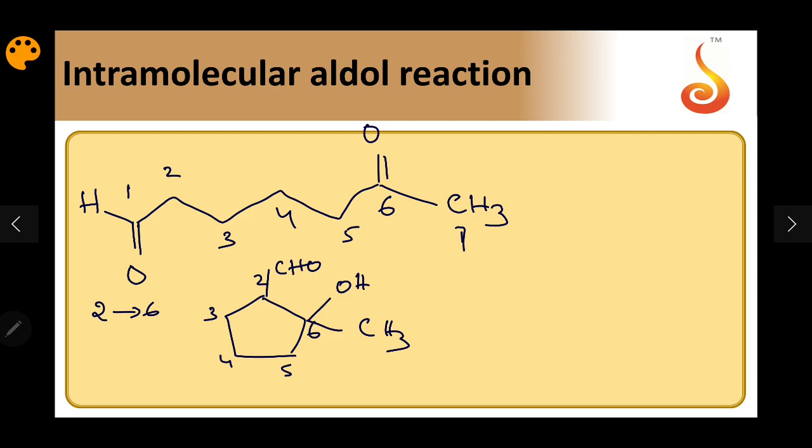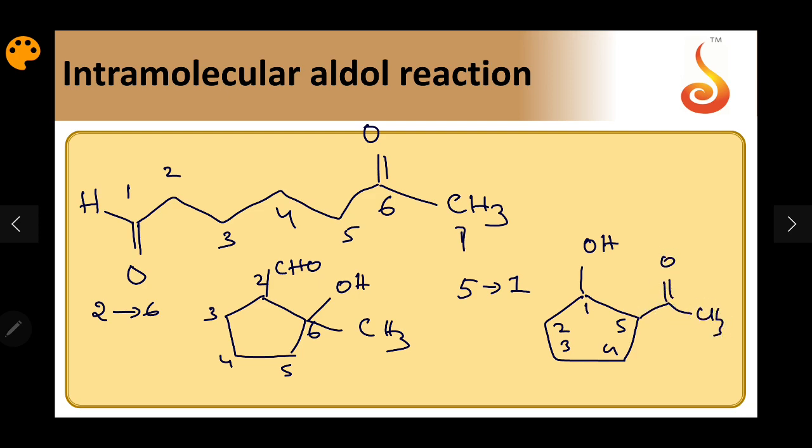Likewise 5 to 1 is also possible. These are the two major products. Generally 5 membered, 6 membered will be the major product. So 1, 2, 3, 4, 5. 1 will have now OH and 5 will have COCH3. I am moving the carbanion at the 5th position to the carbonyl group at 1.